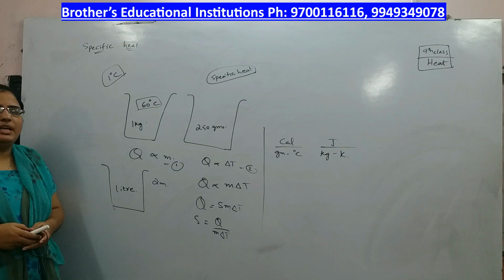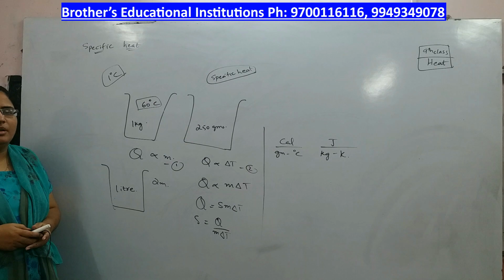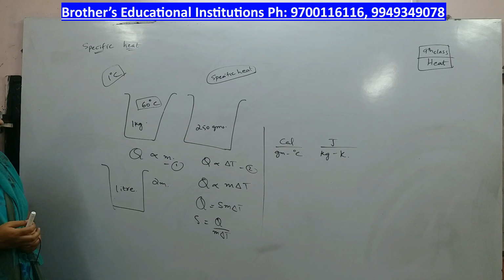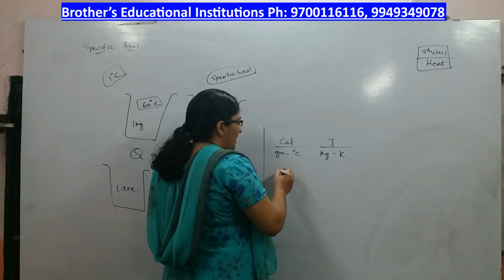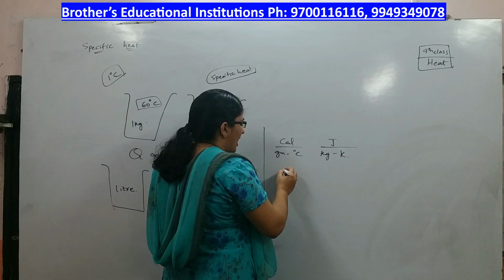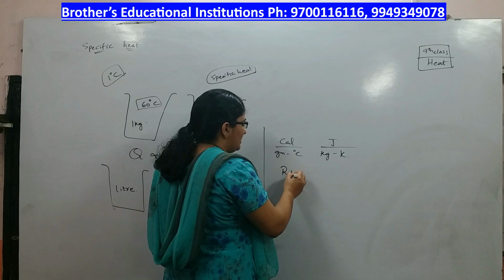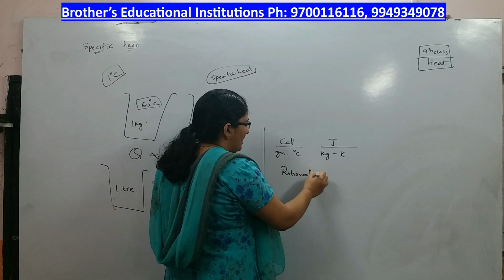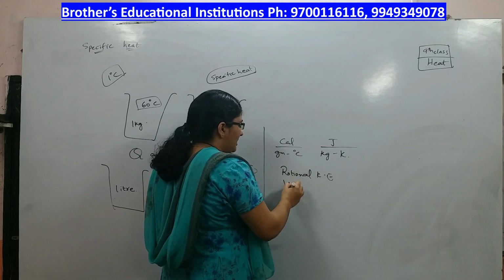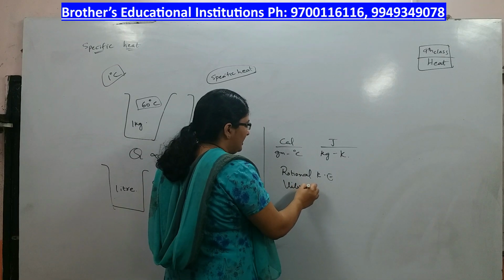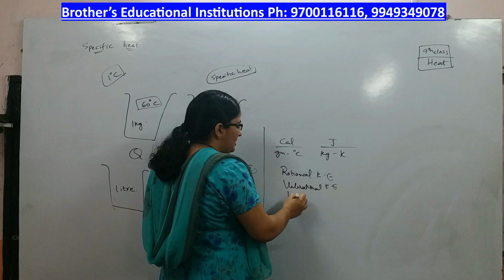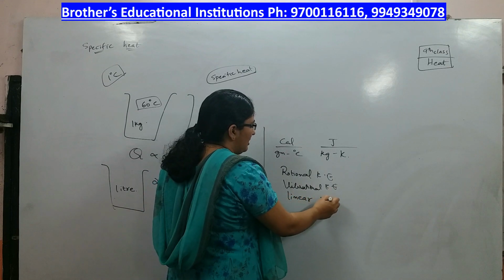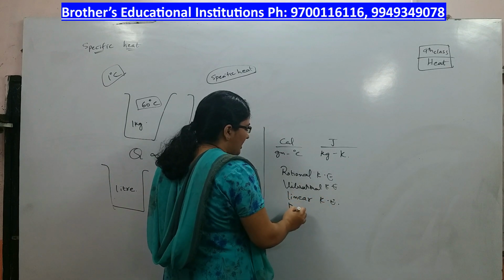Why the specific heat is different for different materials, that we are going to see now. In any material you take, any liquid, you have different particles which have rotational kinetic energy, vibrational kinetic energy, linear kinetic energy and potential energy.